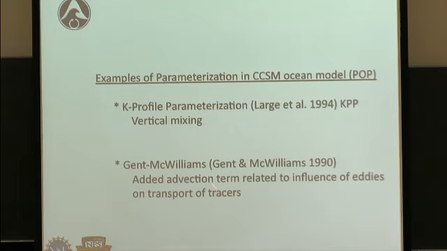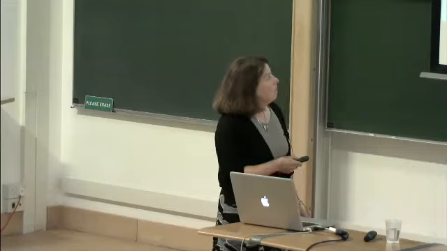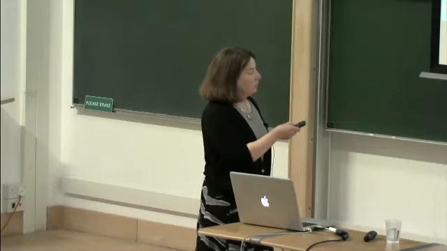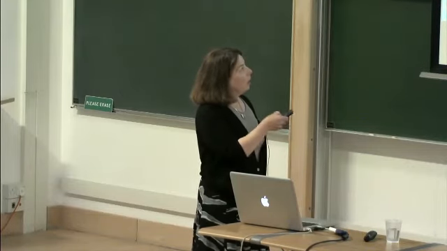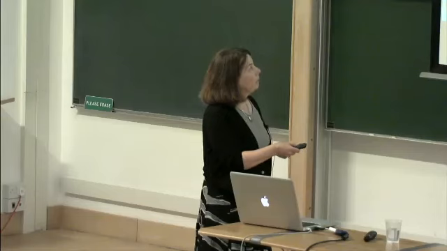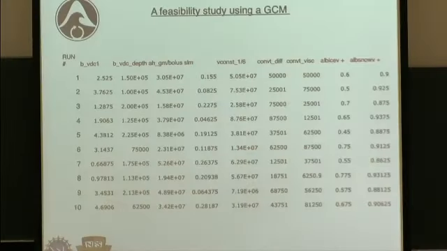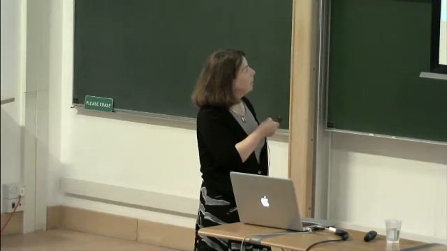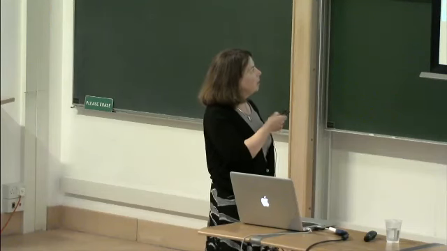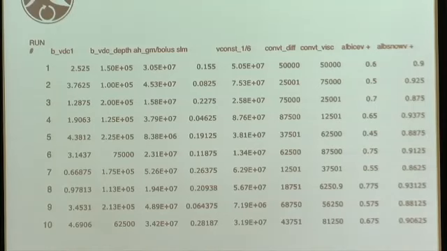This is to look at the added advection term that relates to how eddies are influencing transport in the model. And I'll get back to a comment later on the vertical mixing. This is just the set of parameters across the top that I'm varying, and then the runs for the initial 10 run experiment.